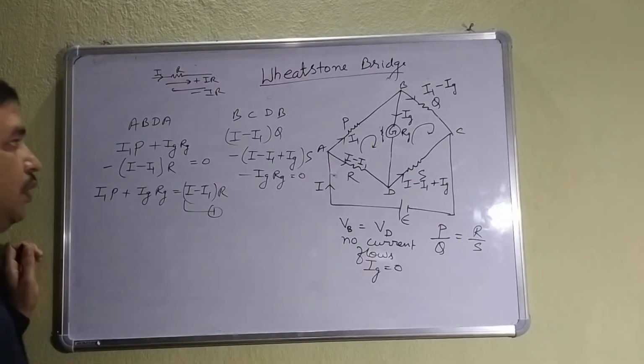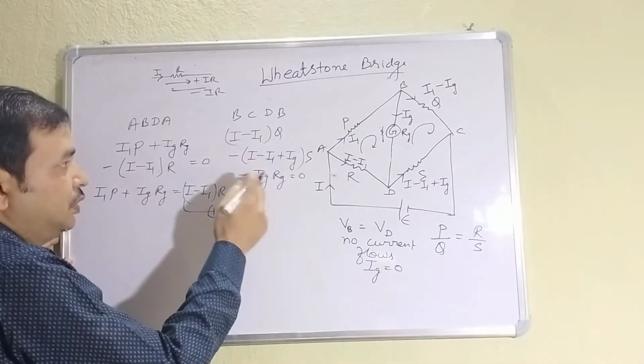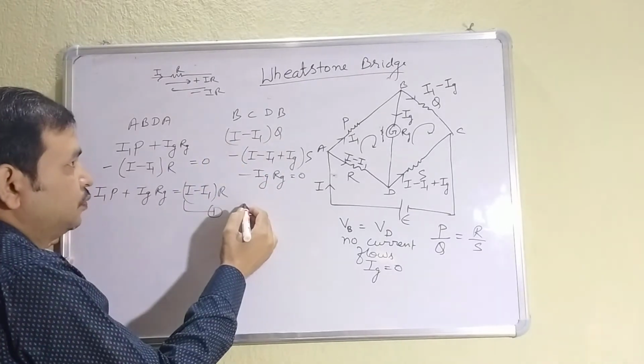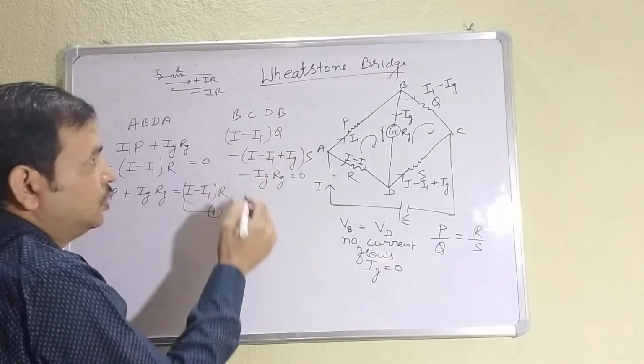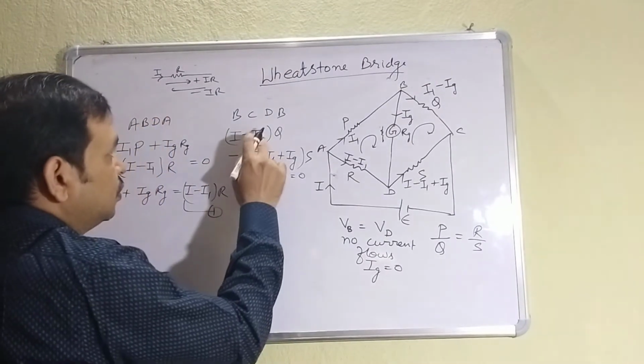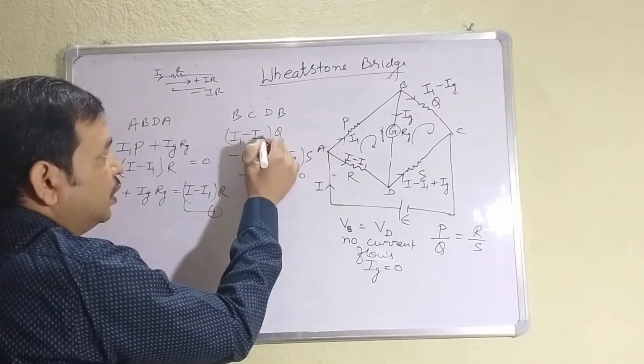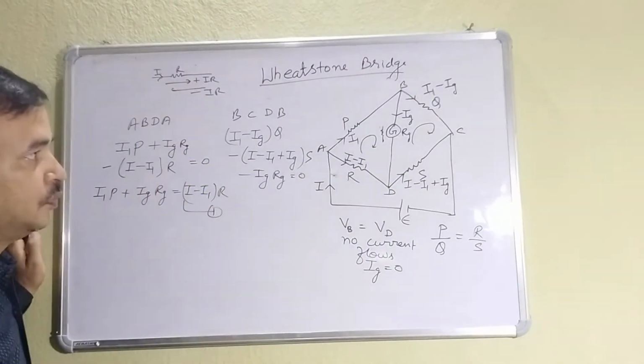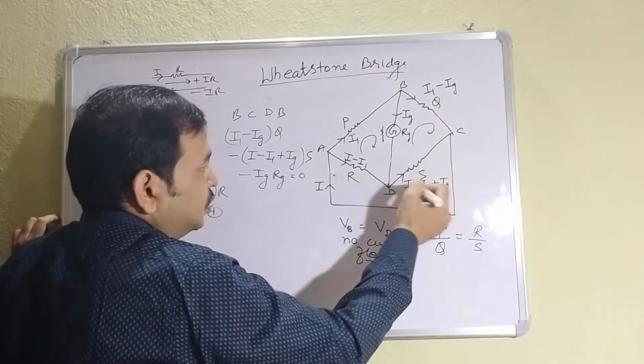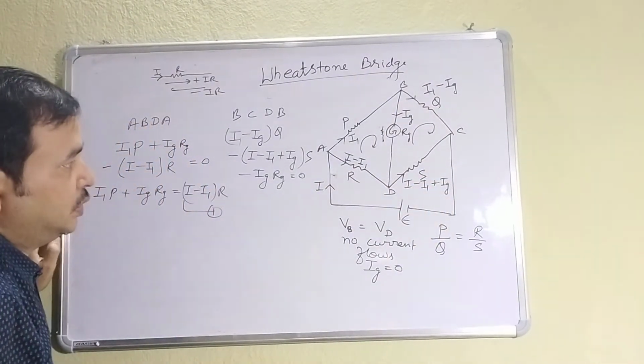So you can write this equation like this: (I1 minus Ig) into Q, and this is (I minus I1 plus Ig) into S.